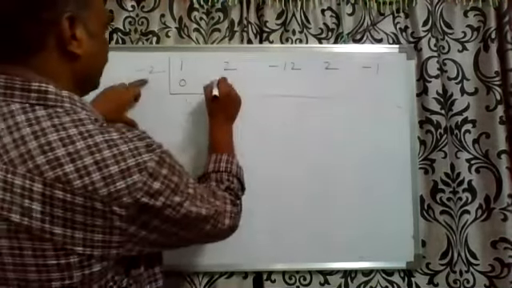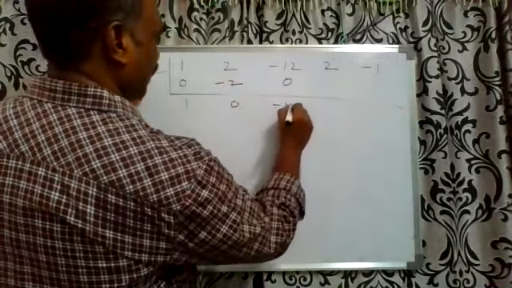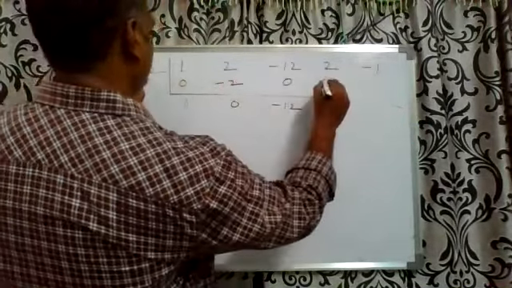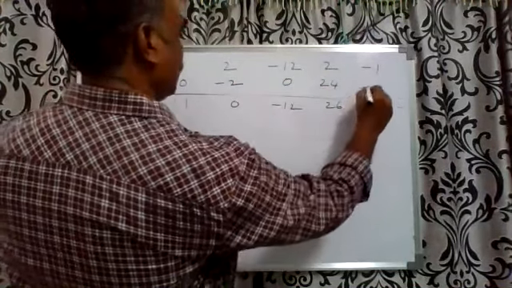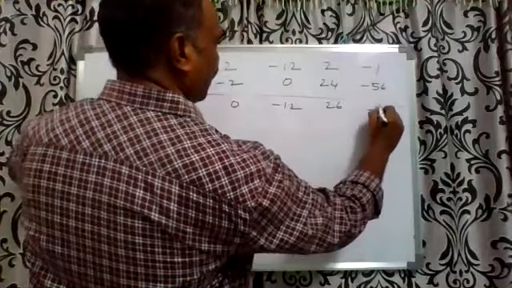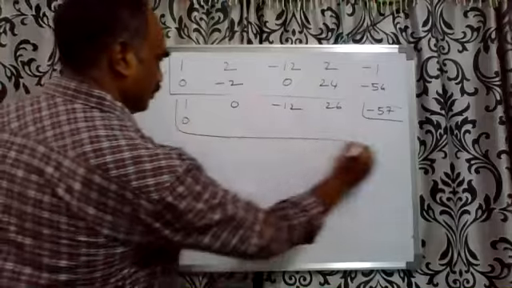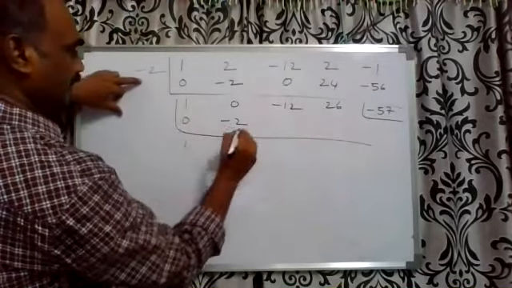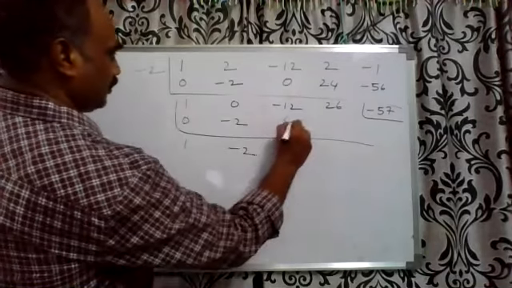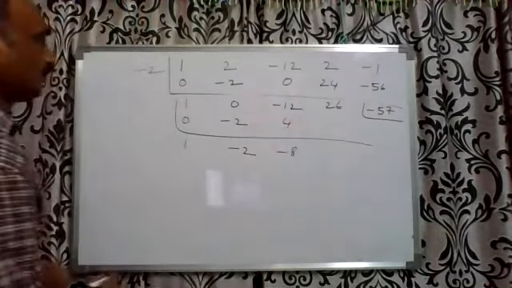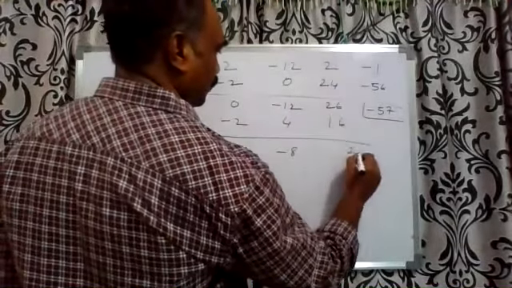1 into minus 2, 0, 0 into minus 2, 0, minus 12, minus 12 into minus 2, 24, 24 plus 26... minus 57. Okay, 0, 1, 1 into minus 2, here minus 2, plus 4, here minus 8, 8 2s are 16, 42.